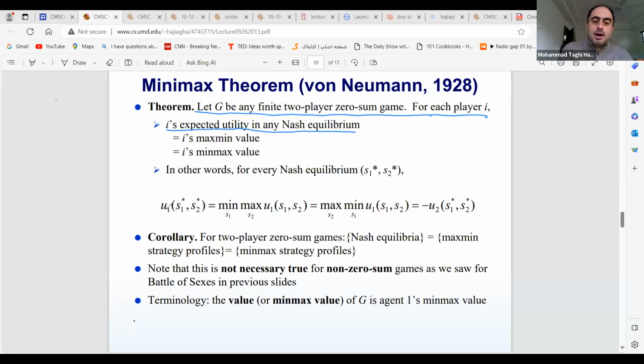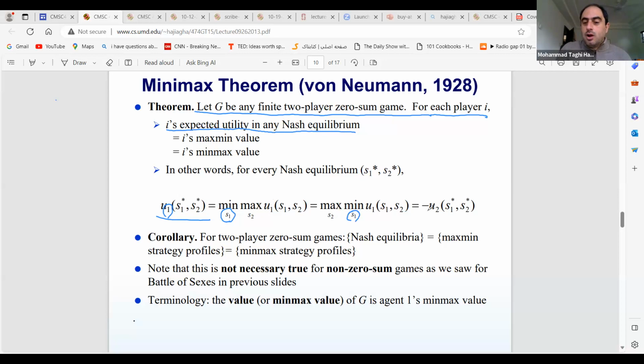In terms of formula, if you consider a Nash equilibrium S1 star, S2 star, then the utility of agent 1 in this Nash equilibrium would be the one that minimizes the maximum for the other person. And this is the same one that maximizes for the first agent.